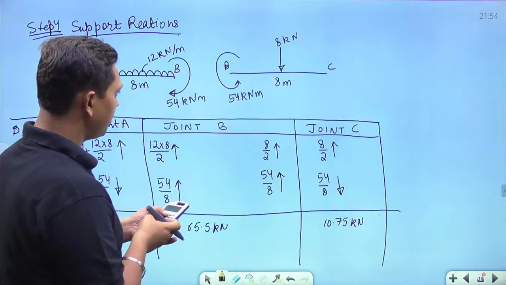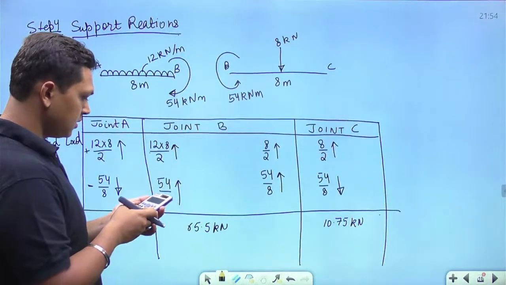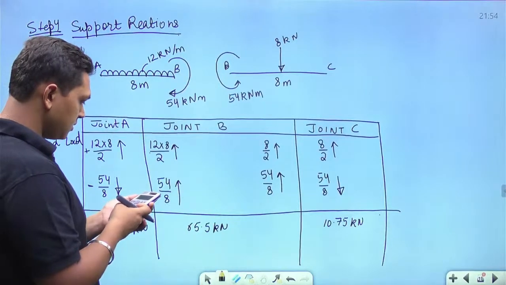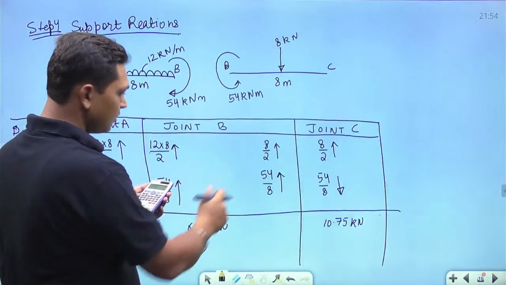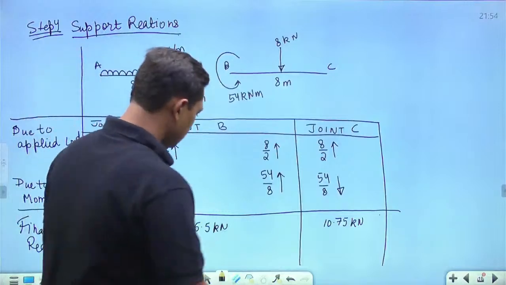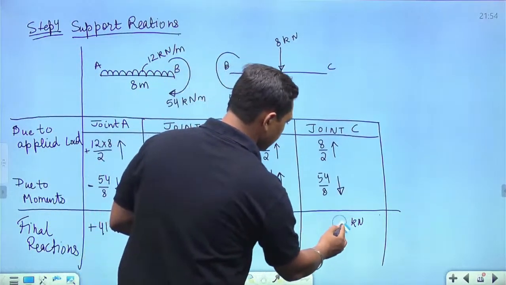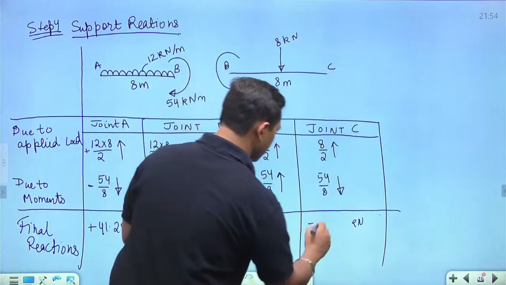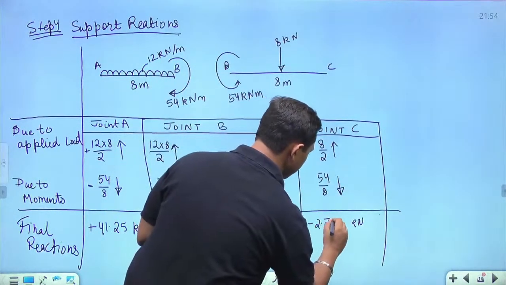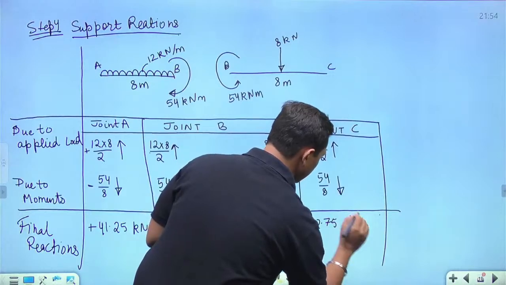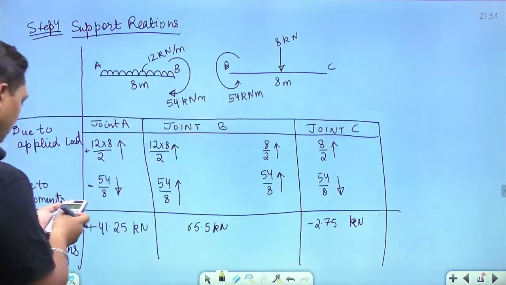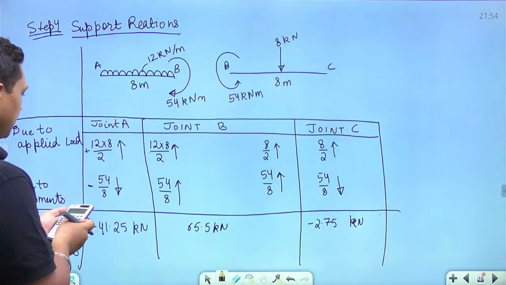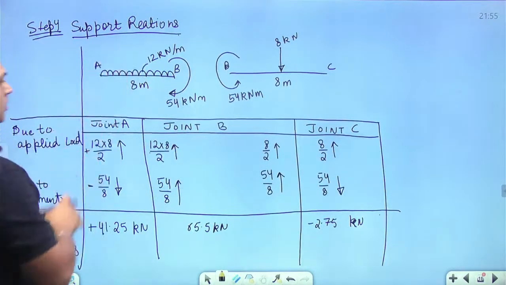No, it is 65.5 only. 4 minus. Okay, this is minus. Okay, this is wrong over here. This is minus 2.75 kilonewton. So if you add all these values, then you will get 104, which is equal to the total load.